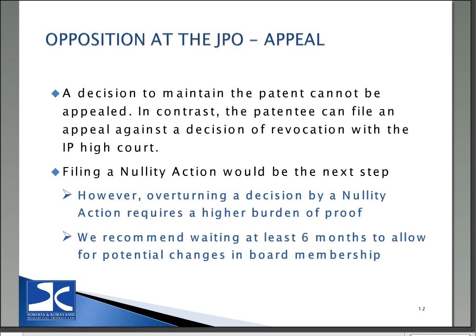If the new nullity action is based on exactly the same evidence used in opposition, then in order to find a different conclusion, that is, to invalidate the patent by the nullity action, the JPO must find a good reason that the JPO made a mistake or was wrong in opposition, and now with a new argument, the JPO is making a different decision, which is very difficult to happen.